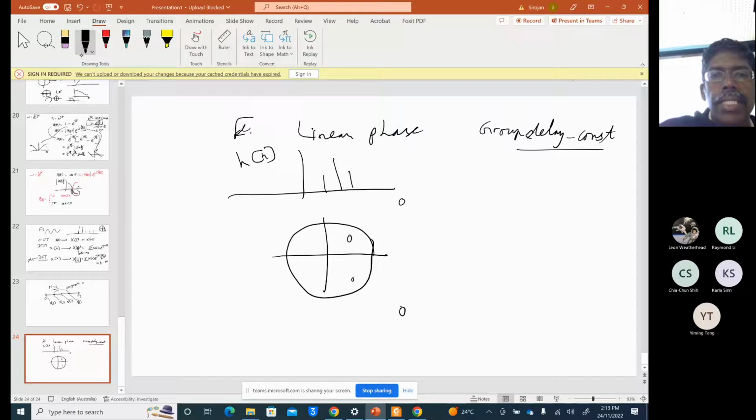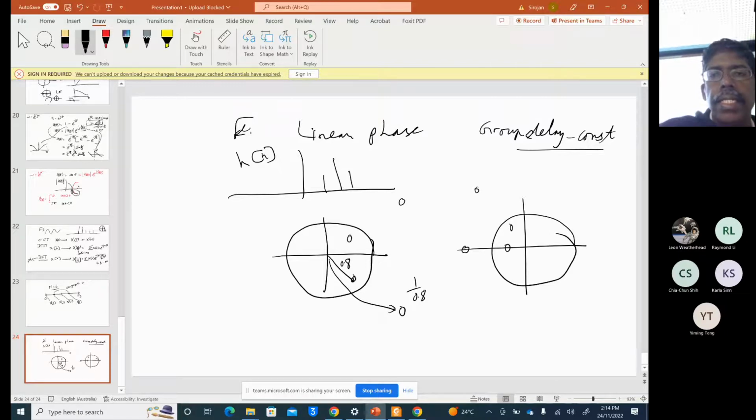So if you have a zero with, let's say, R equal to 0.8, then you need to have another zero with R equal to 1 over 0.8, that is outside. So reciprocal zeros. If you have a zero here, that zero has to be here and here. So these are the linear phase filters.